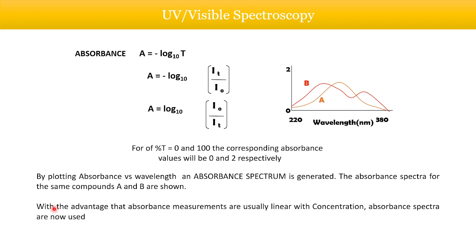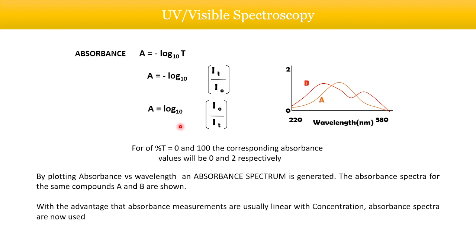So absorbance is the minus logarithm of your transmittance. So A equals minus log of your transmitted intensity divided by your incident intensity, and your absorbance can be calculated in this manner. This equation is very important and you have to keep this in mind. Mostly, in terms of percentage, the incident intensity is always 100%, and on the basis of what we get as the transmitted intensity, we calculate it.